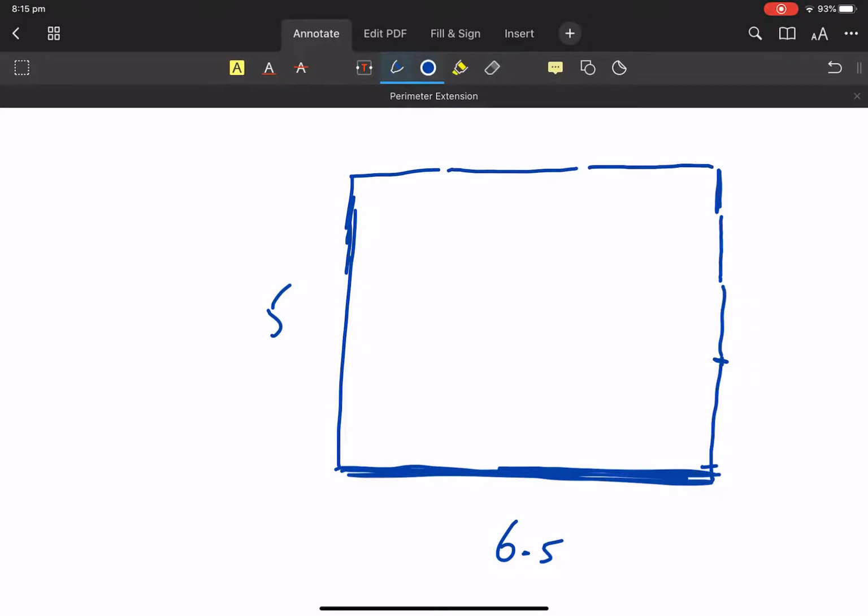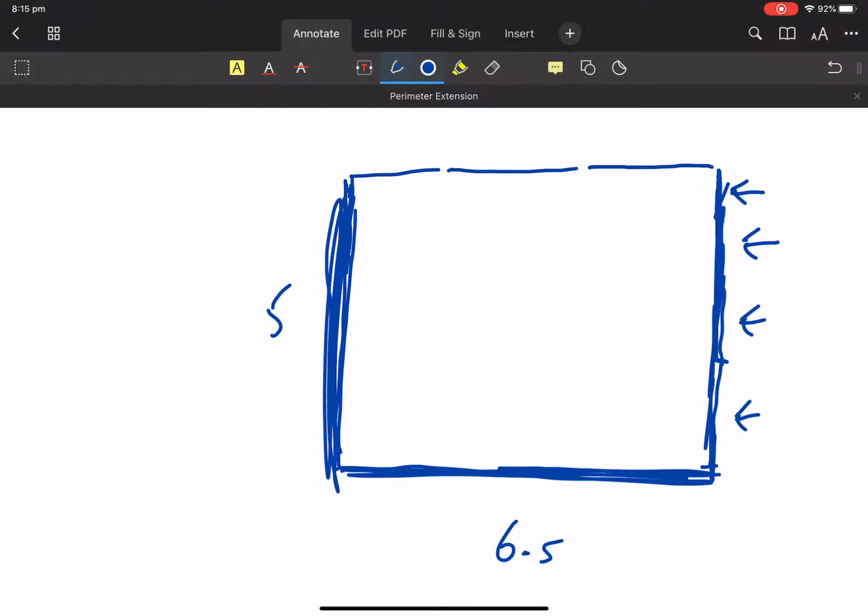So individually, we have these individual little pieces of fence that we have no idea how long each piece is, but we do know that if that's 5, then all of them together must also be 5. We've got little individual pieces of fence here.